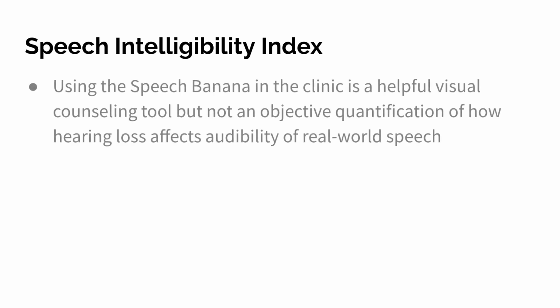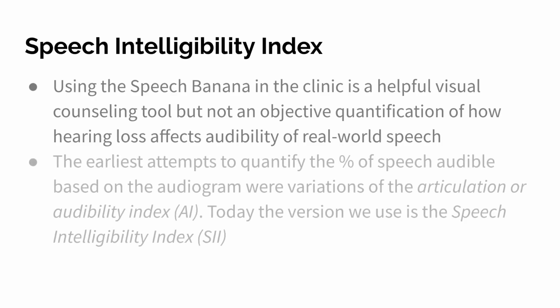Let's talk about the Speech Intelligibility Index. Using the Speech Banana in the clinic is a helpful visual counseling tool, but it's not an objective quantification of how hearing loss affects audibility in real-world speech. The earliest attempts to quantify the percentage of speech audible based on the audiogram were variations of what are called the articulation or the audibility index.